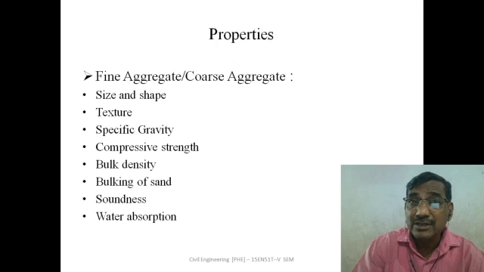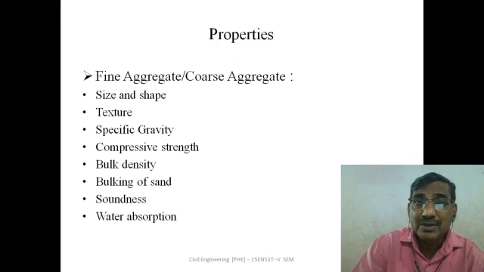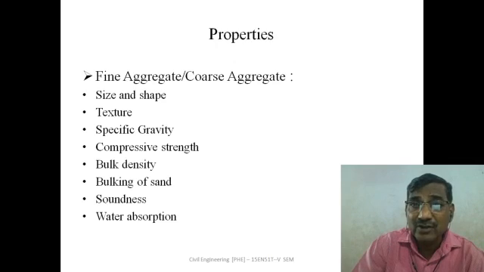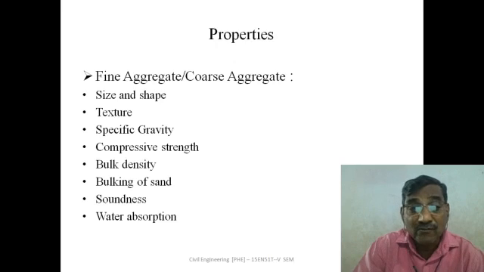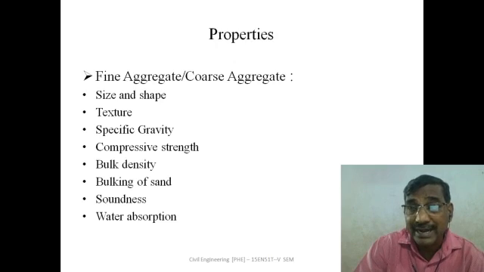Specific gravity is generally 2.6 to 2.8 for all the civil engineering materials. Bulk density is the weight of aggregate per unit volume. Bulking of sand increases the volume of sand due to the presence of moisture content or water content.